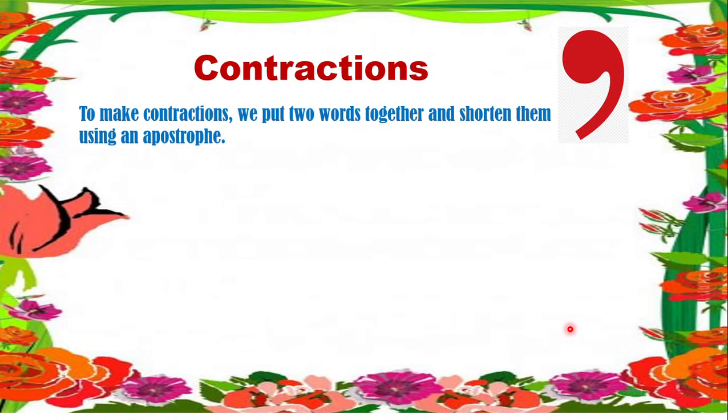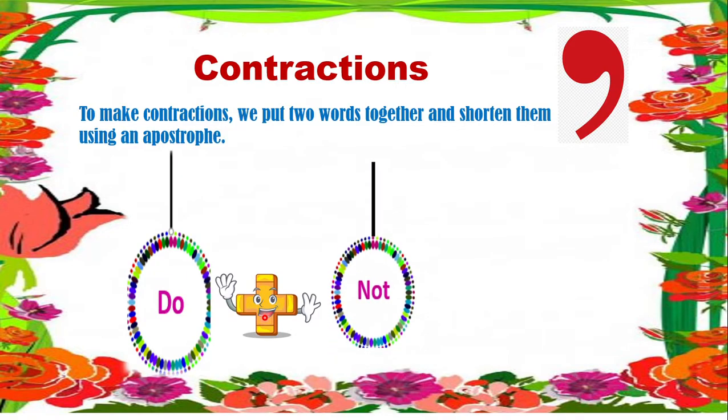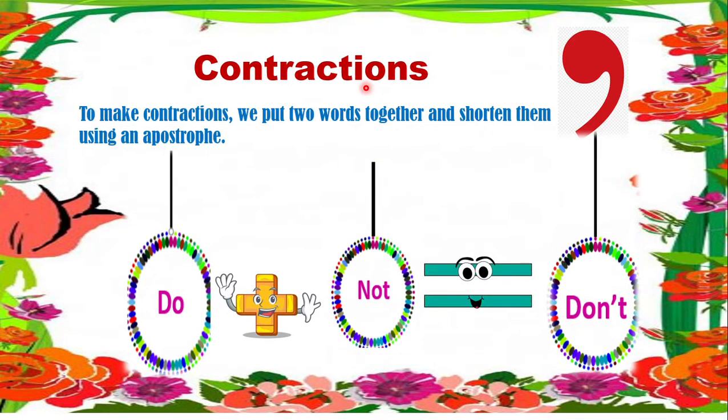Let's check an example. Let's say we have the word do and we have the word not. How can I form one word from these two words? I will use contractions. So it will be don't, don't. I remove O. So the letter that I'll remove is O and I'll add instead an apostrophe.